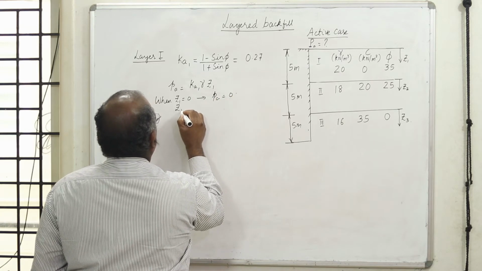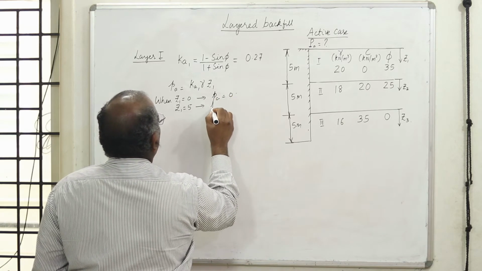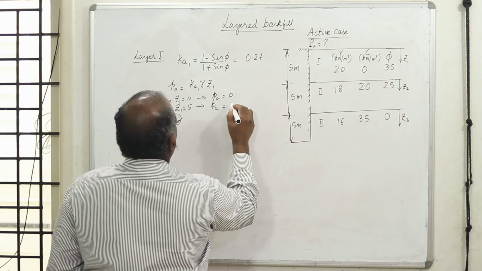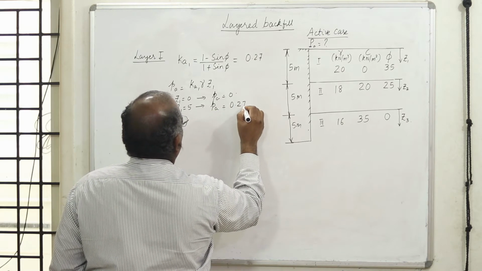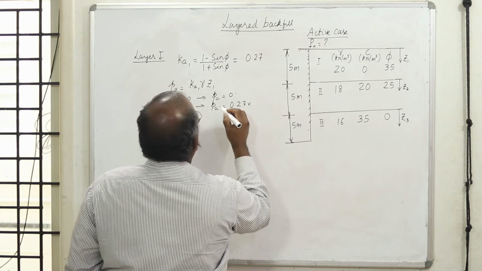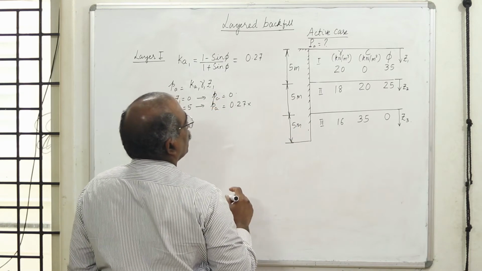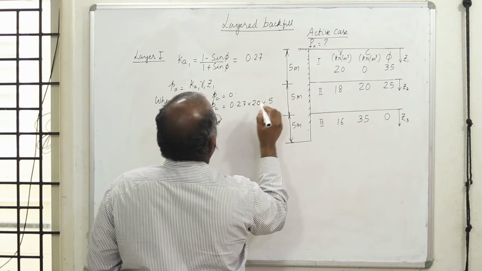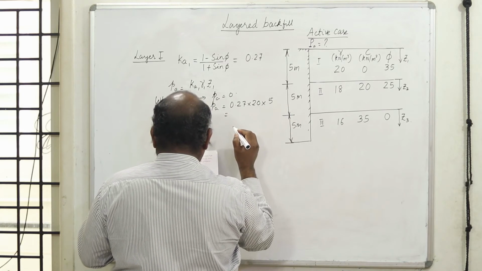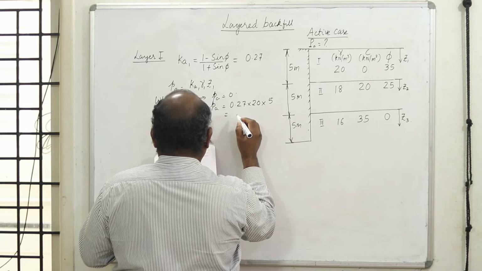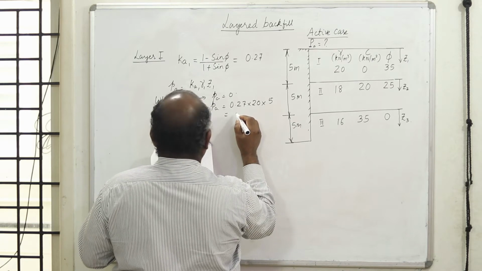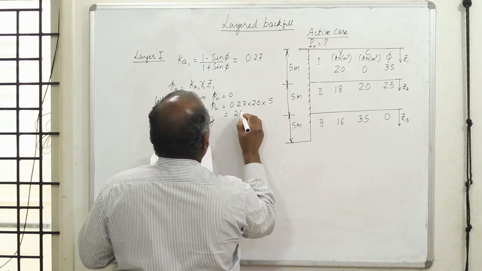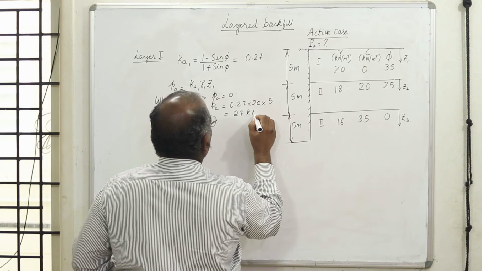Then when Z1 is equal to 5 meters, Pa becomes Ka1, 0.27, into gamma 1, which is 20, into Z1, which is 5 meters. You get a value of 27 kilonewton.